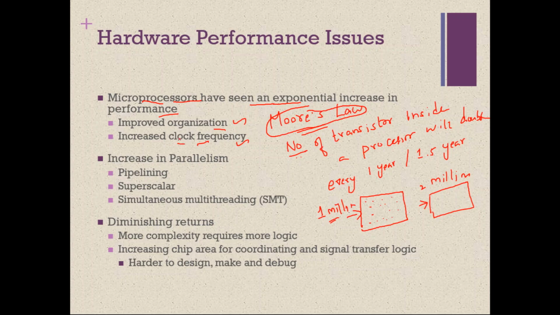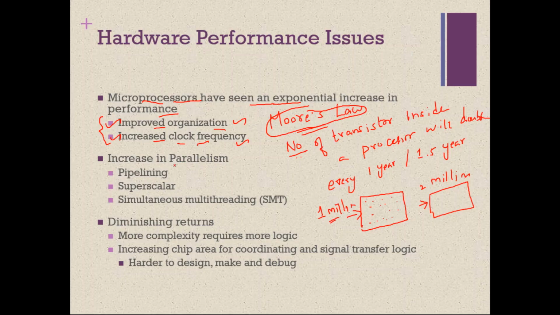So at top level, we can say that improving performance means improving organization and increasing the clock frequency. Apart from these two, there are other ways of improving performance also.